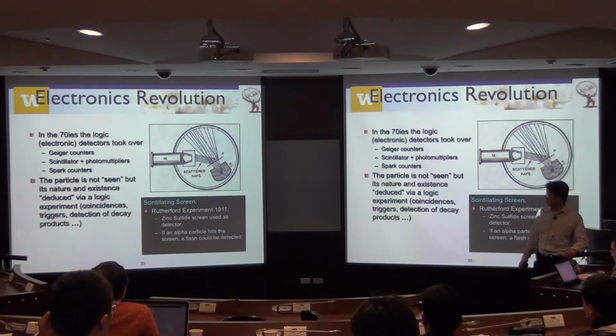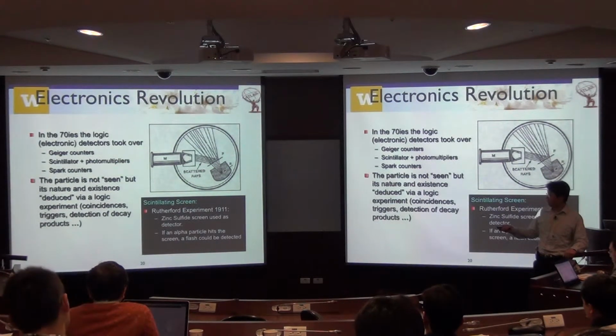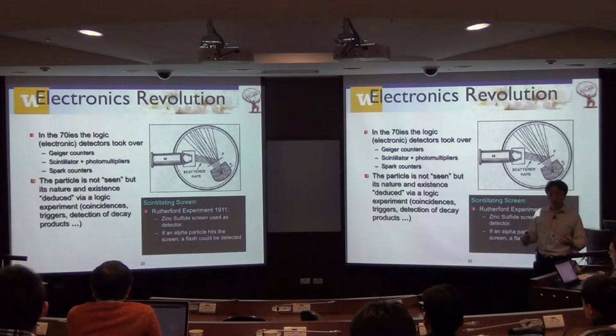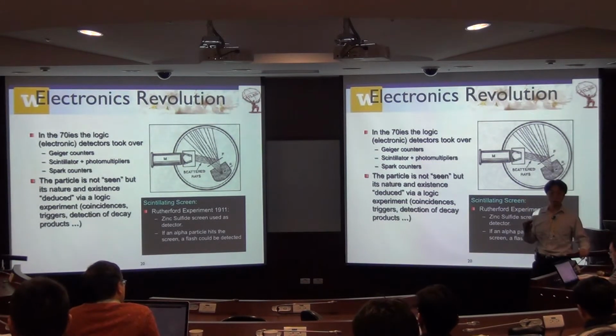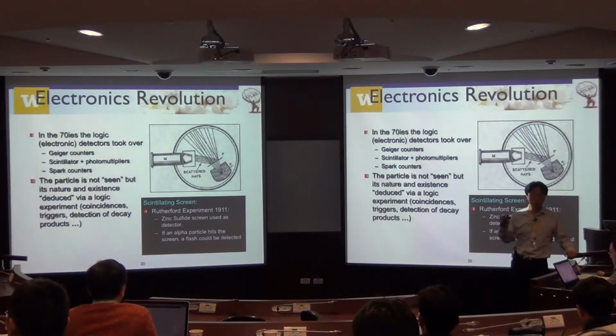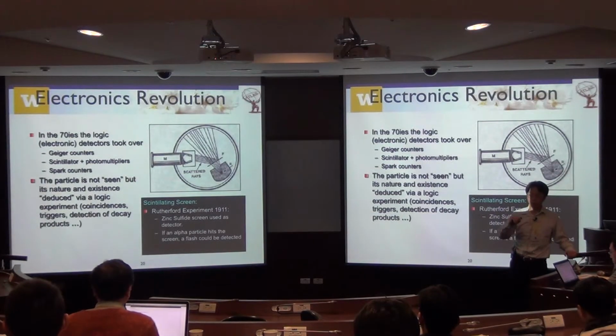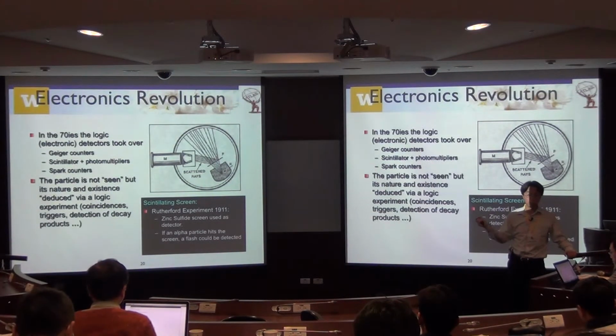So we have the Geiger counter and multiplier spark chambers, and these replaced the bubble chamber, which used analog media to detect the continuous trajectory of a particle.